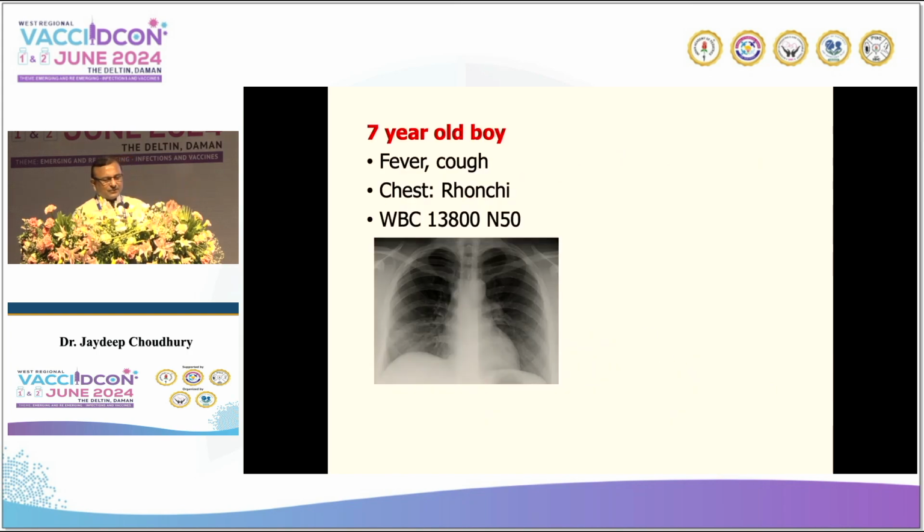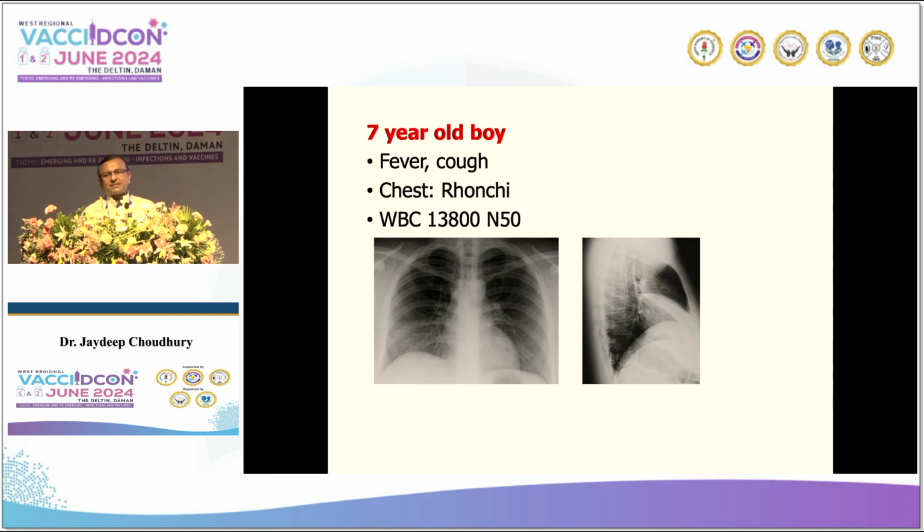So to start with, this is a 7-year-old boy who came with fever, cough, and on auscultation there was diffuse rhonchi. The routine count was 13,800 with neutrophil 50, and you can see the X-ray. There is definite opacity in the right lower zone of the chest.